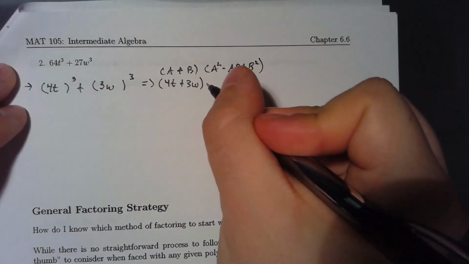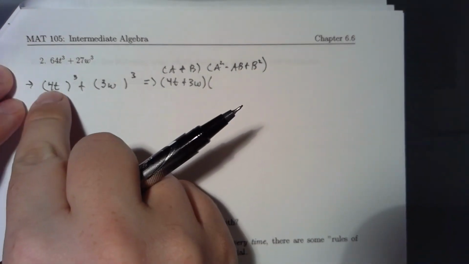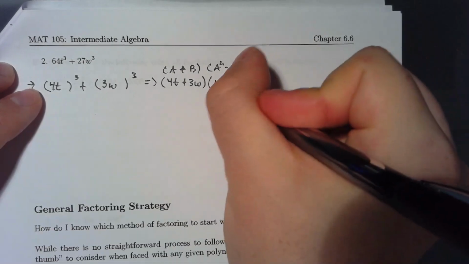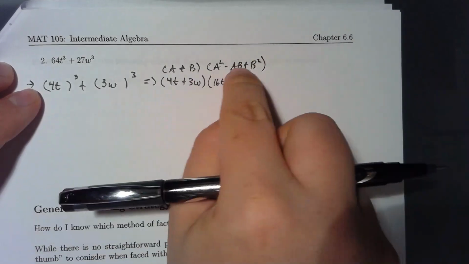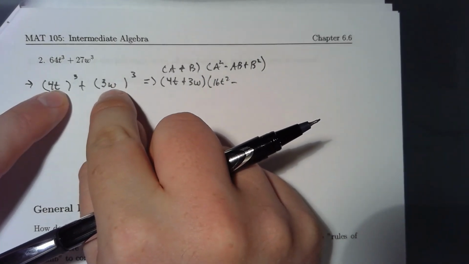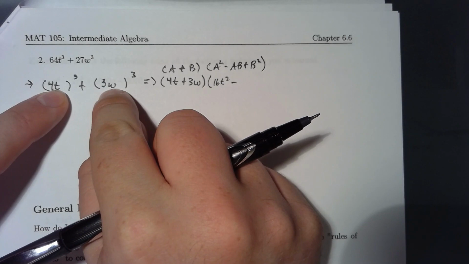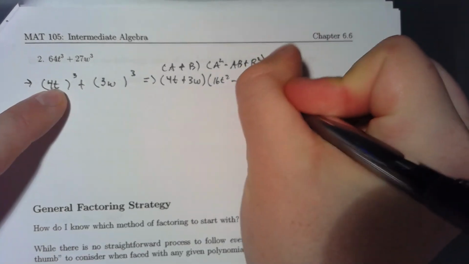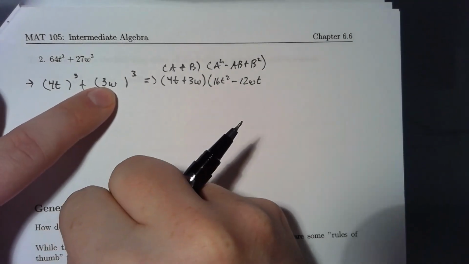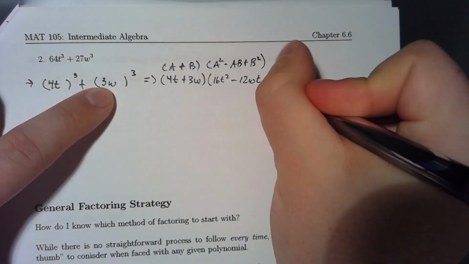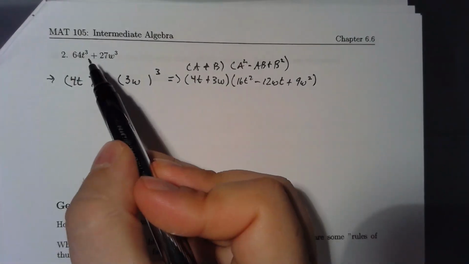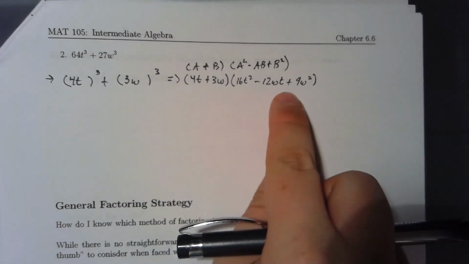Alright, so this is A, so A squared is going to be this term squared, which is 16T squared, minus AB, this is A, this is B, so if I multiply them together I get 12WT. And then B squared, this is B, so that squared is 9W squared. So this sum of cubes factors to this times this.